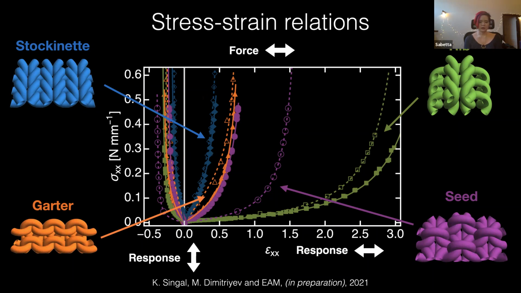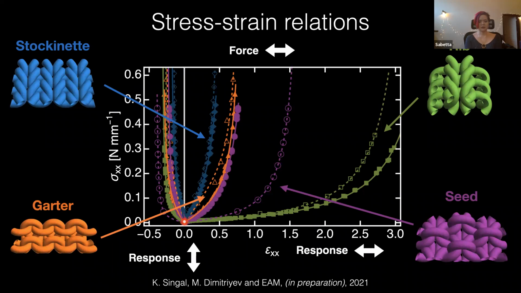Then we have closed symbols. Those are the experimental data. The open symbols are the simulation data, and both of those are fit to a nonlinear constitutive model. So we end up with a couple of regimes.